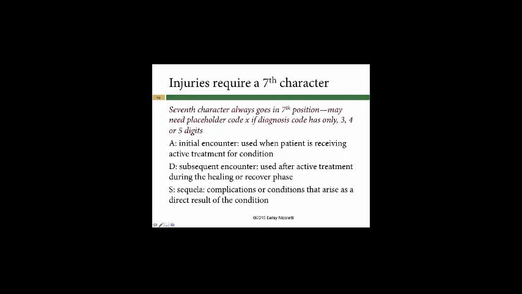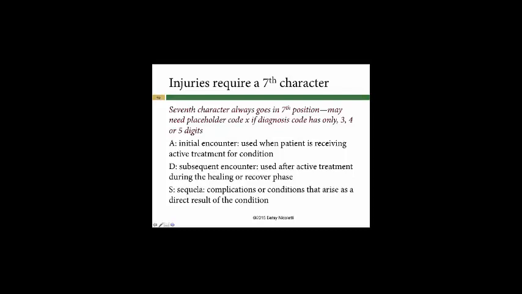So if you have a code that only has 3, 4, or 5 digits, you may need a placeholder X to get to that 7th character. And you may see that placeholder X in your EMR if you're looking up an injury code that doesn't have enough characters to get you to that 7th position. And I'll show you one of those.